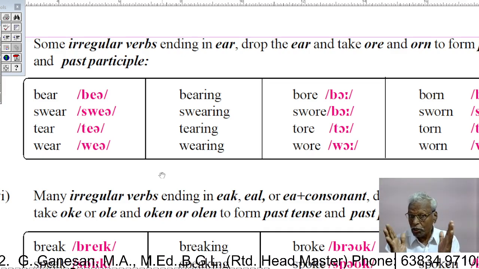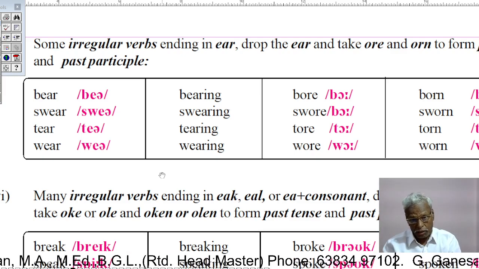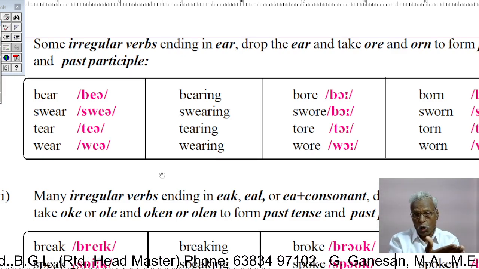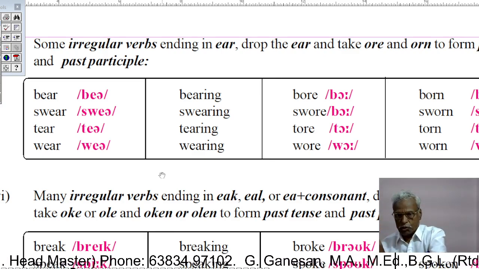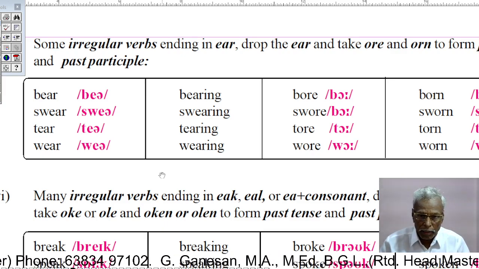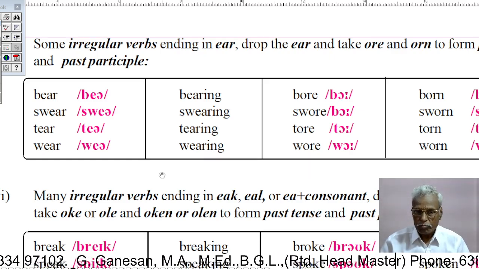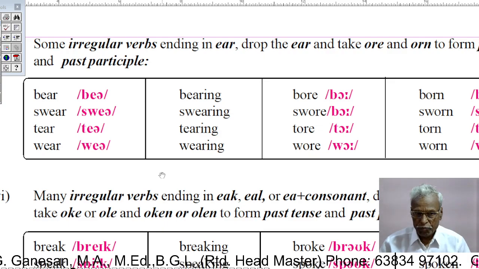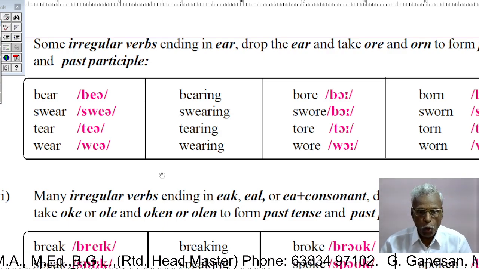Let us see these four verbs. Bear, bearing, bore, born. Swear, swore, sworn. Tear, tore, torn. Wear, wore, worn.